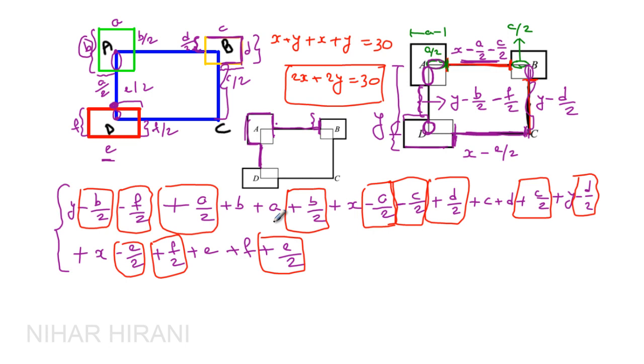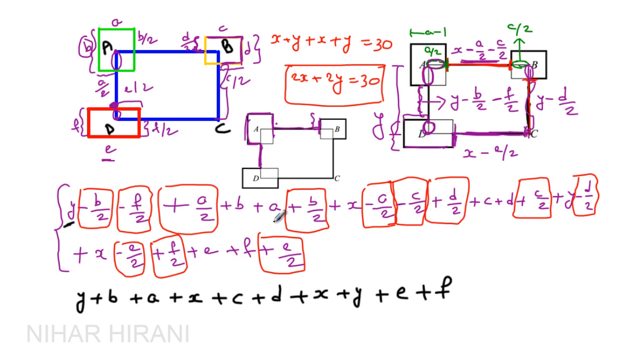So now I am left with y plus b plus a plus x plus c plus d plus x plus y plus e plus f. So I wrote all leftover stuff starting from here, y plus b plus a plus x plus c plus d plus x plus y plus e plus f.